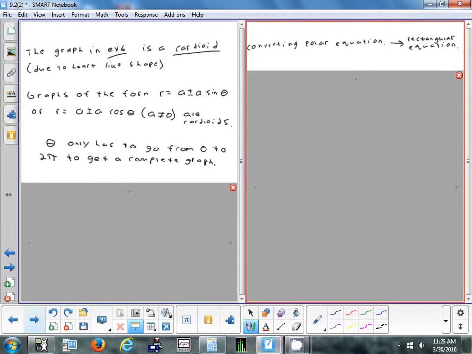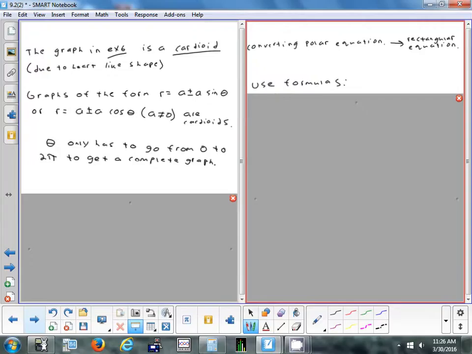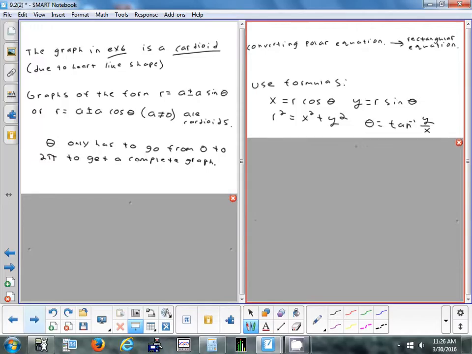All right, so next thing we're going to look at is how can we change something from polar into rectangular. Well, I just did an example with you going the other way. I showed you how to take a rectangular equation, y equals mx plus b, and change it into a polar. To go the other way, we still use the same formulas. x equals r cosine theta, y equals r sine theta.